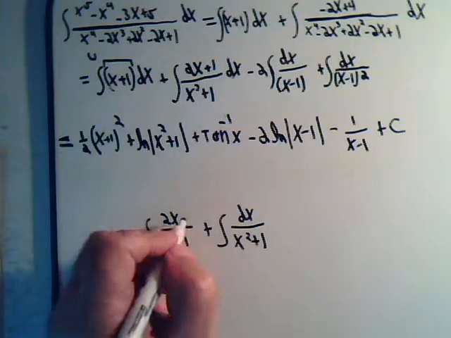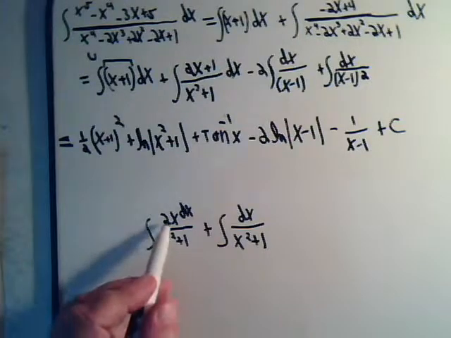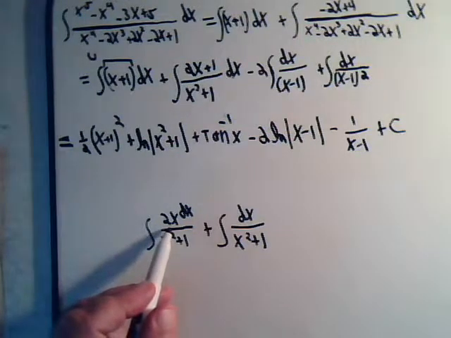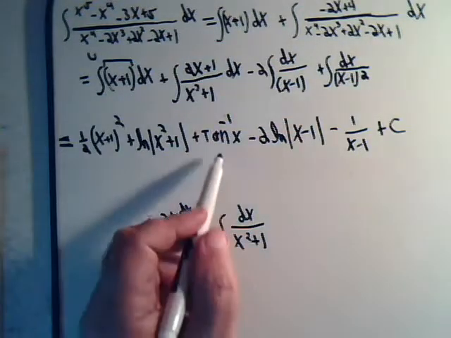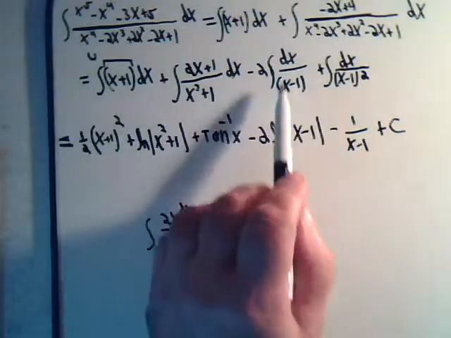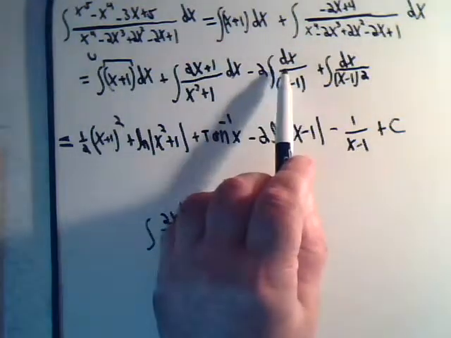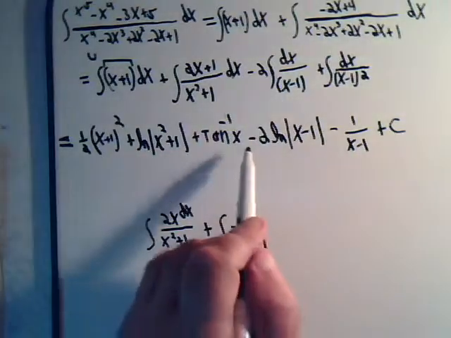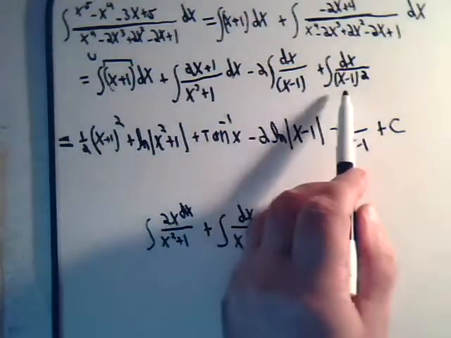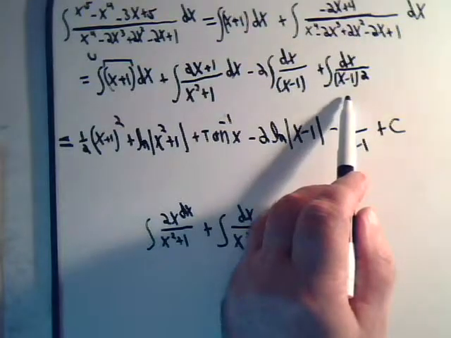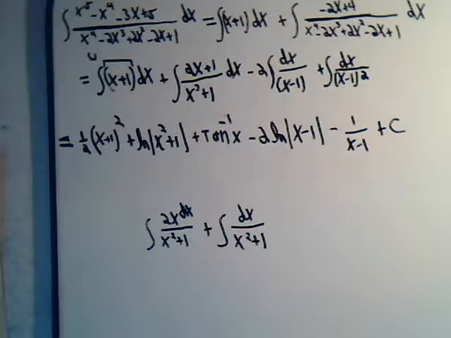If I call this u, du is 2x dx. So this is the natural log of u, which is this. So we have that. This is the inverse tangent of x. We have dx over x minus 1. If I call this u, du is dx. So it's du over u. That's minus 2 natural log of x minus 1. And then with this here, this is real simple to do. This is the u du substitution, and we get this.